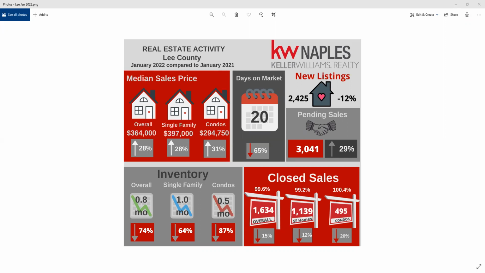Let's say your farm area is not the same as where you're getting a lot of buyers for, then you need to set up perhaps an auto email for your target geographic area. If I thought I was going to have a lot of people that wanted Naples Park as an example, then I would set up an auto email so that you get notifications when any activity takes place within Naples Park.